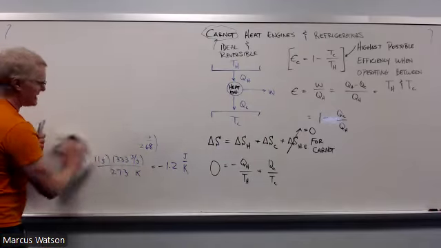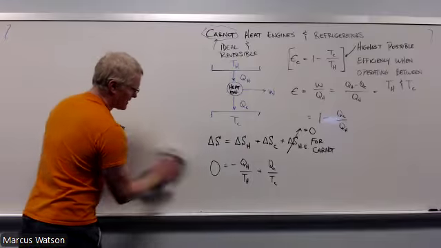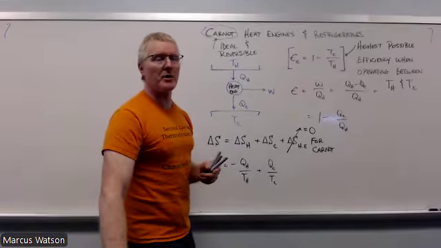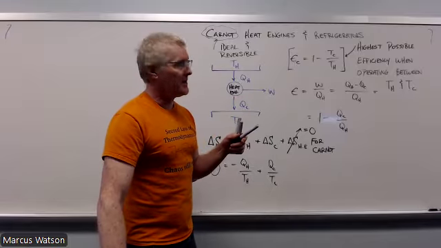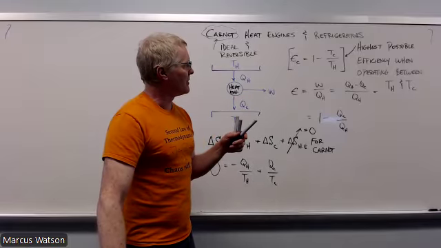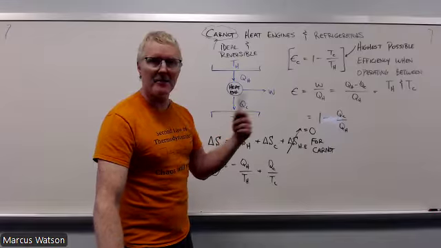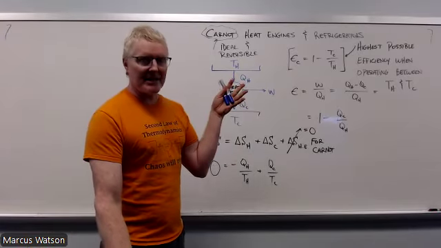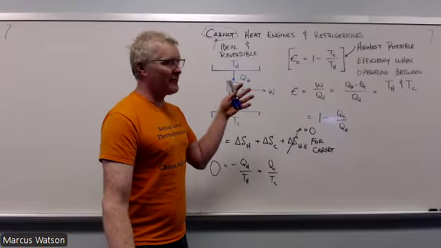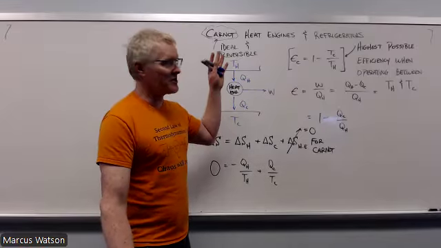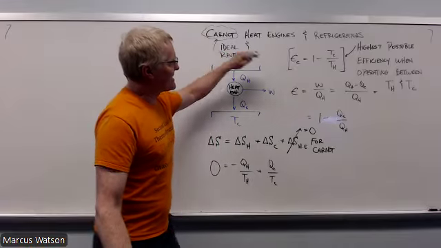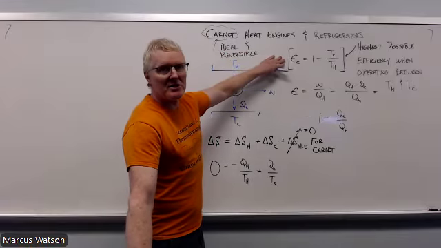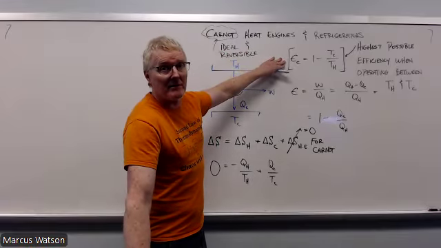I wrote heat engines and refrigerators, so I'd like to explore the refrigerator really quickly, and then we'll do a quick example linking stuff up with a refrigerator. So the refrigerator technically does not have what's called an efficiency, because efficiency is a number which is always less than 1.